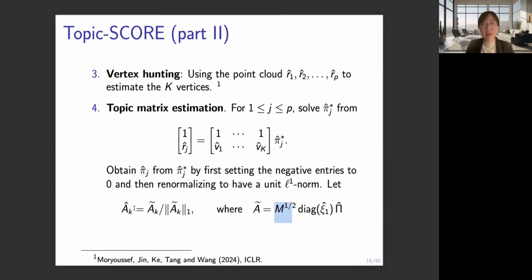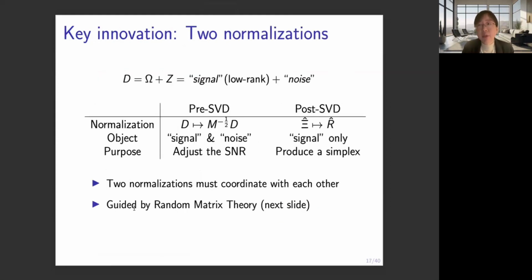Recall that when we try to use PCA for topic models, we have two big challenges. How did I resolve them in this algorithm? They were resolved using these two carefully designed normalizations. We can view the data matrix as having a signal part and a noise part.